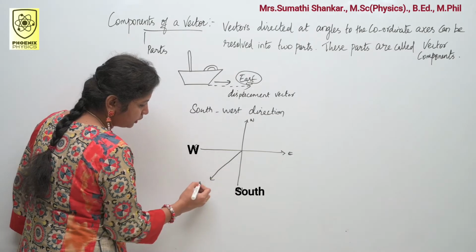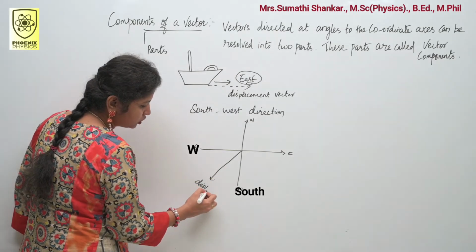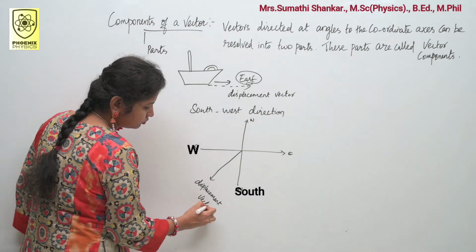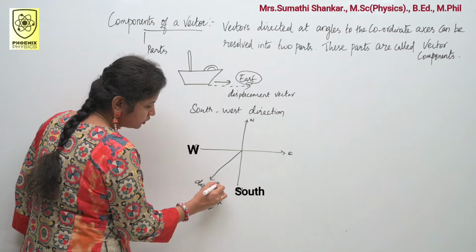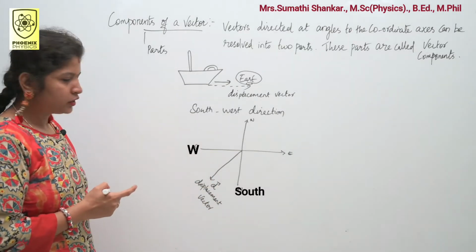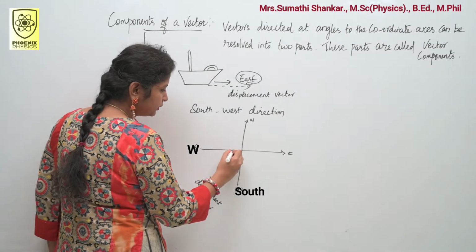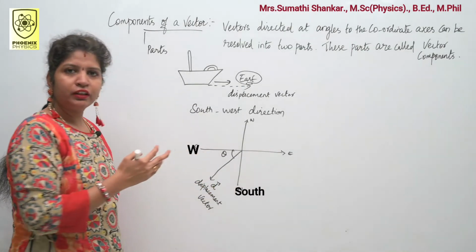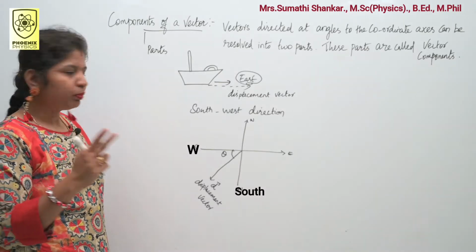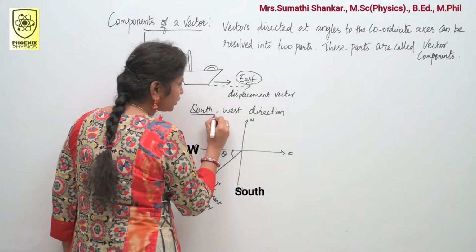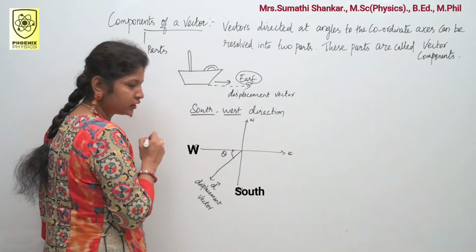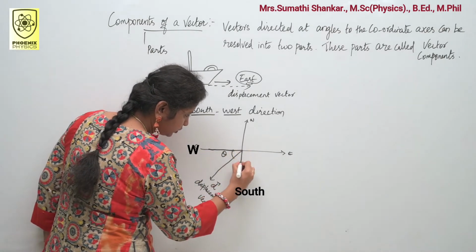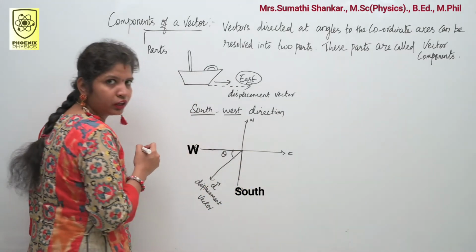So this is nothing but my displacement vector D. This displacement vector makes an angle theta here. The displacement vector has two parts. One is the south direction, another one is the west direction. This is my west direction and this is my south direction.